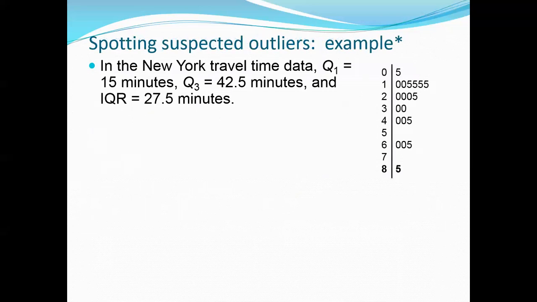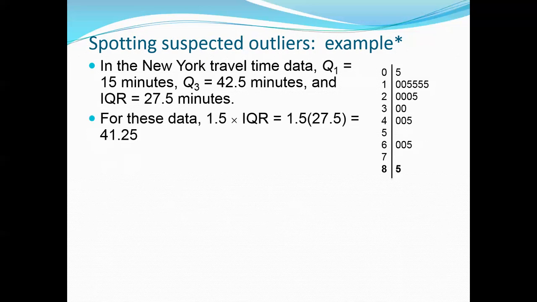In the New York travel times data, Q1 was 15 minutes and Q3 was 42.5 minutes. So the IQR equals 42.5 minus 15, which is 27.5 minutes.